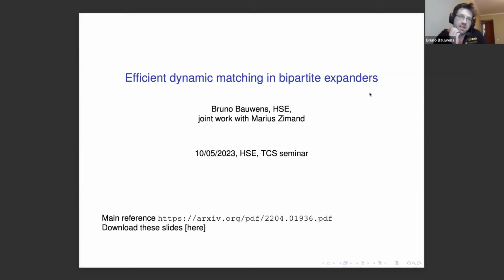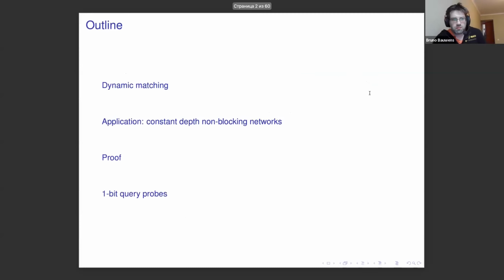Okay, so let's start. The overview of the talk. I will first explain what the problem is, then say what the original Hall theorem is, explain the main result, and then give an application to constant depth non-blocking networks.